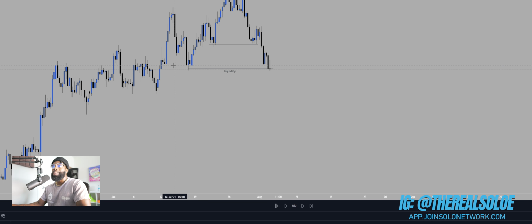Now that we've seen that, we look for liquidity. The liquidity is this other remaining low. So now that we got this remaining low here, we finally wait for market to actually break out of that liquidity. It has to break out. It can be 1, 2, 3, 4, 5, 10 pips. I don't care. It just has to break out. Why is this?